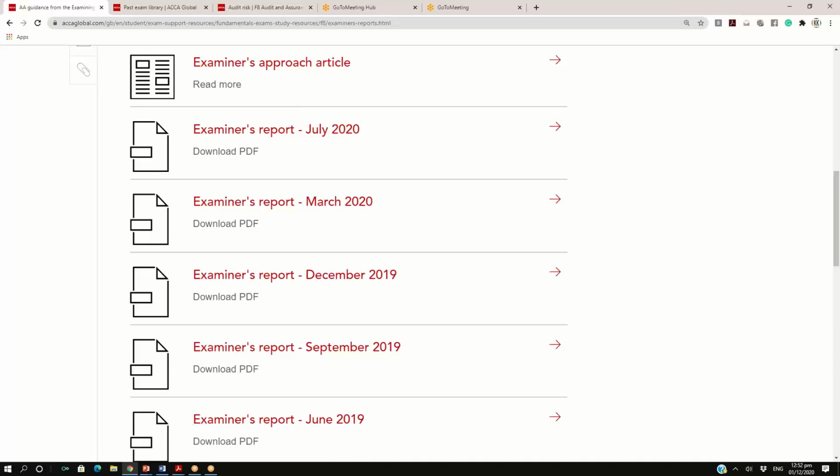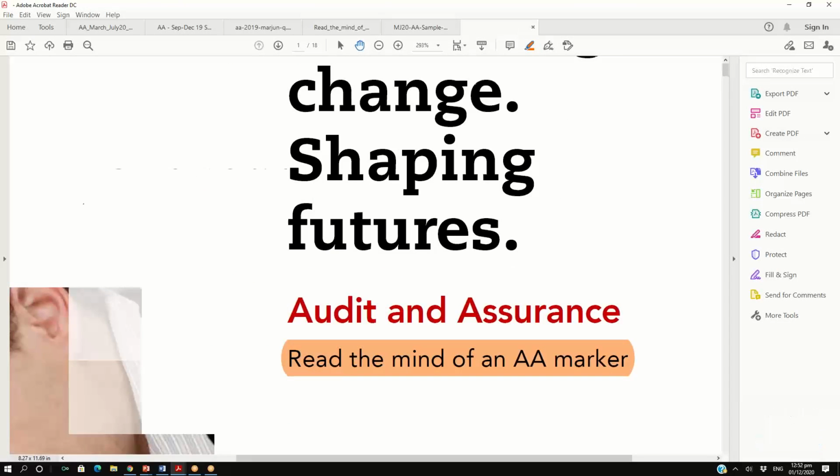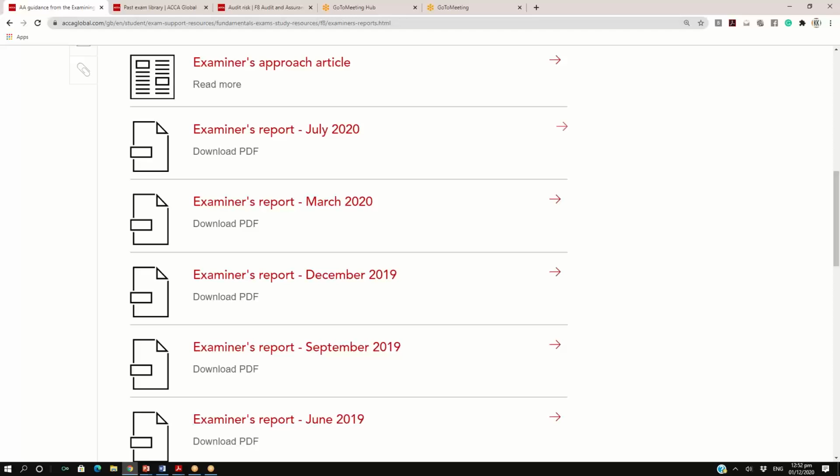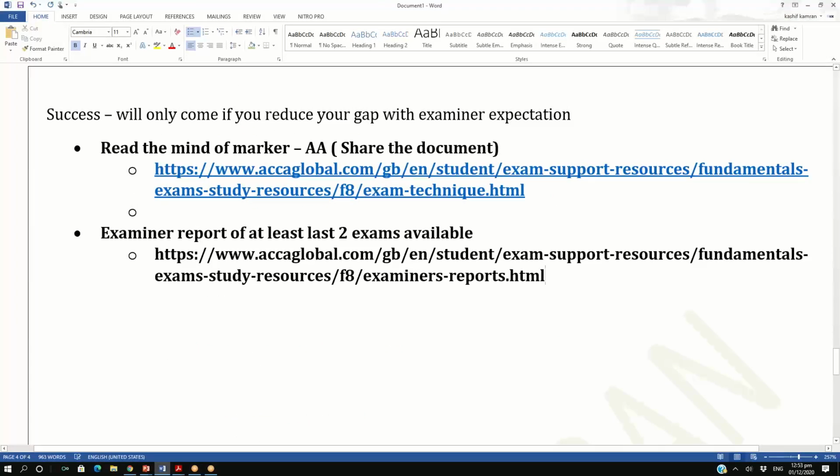So at least make sure that you read the July 2020 examiner report and the March 2020. At least two recent examiner reports you should be reading. Two recent examiner reports.